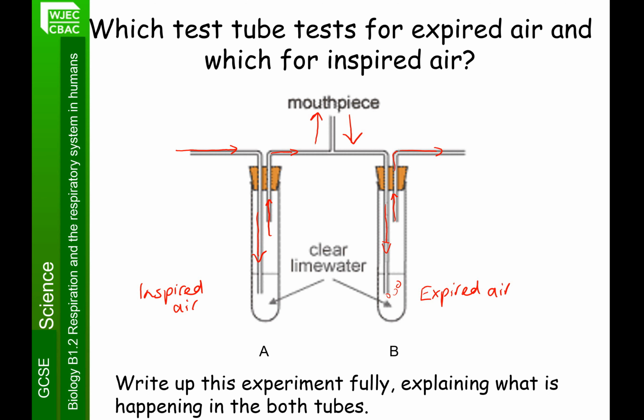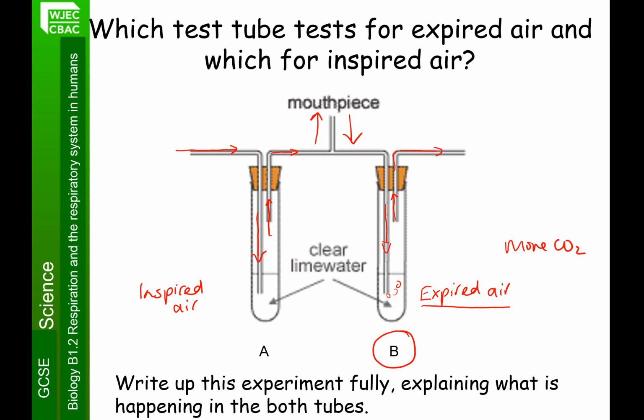So if we get somebody to breathe in and out constantly over this piece of apparatus, we find that it's tube B that goes cloudy first, because we know that expired air has got more CO2 in it than inspired air.